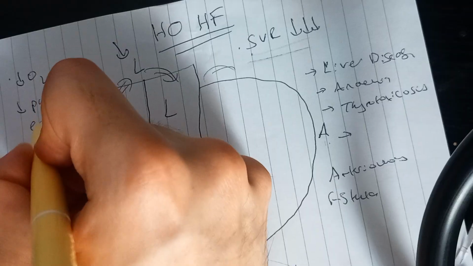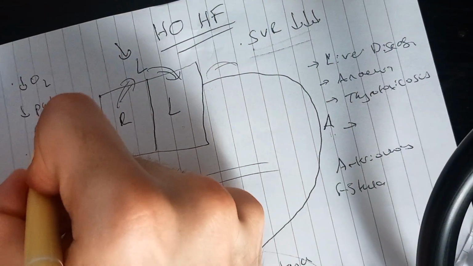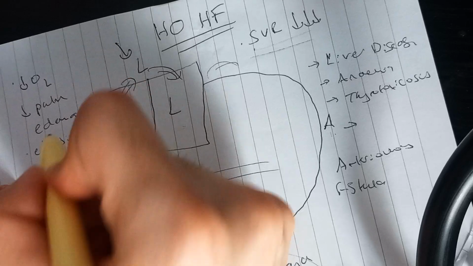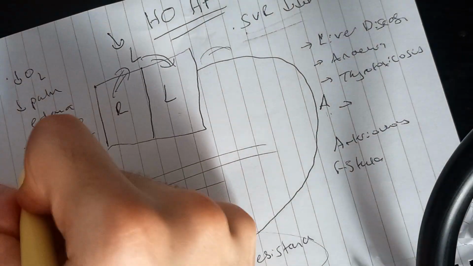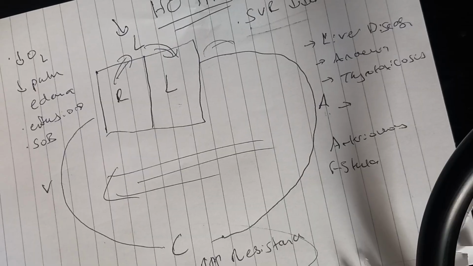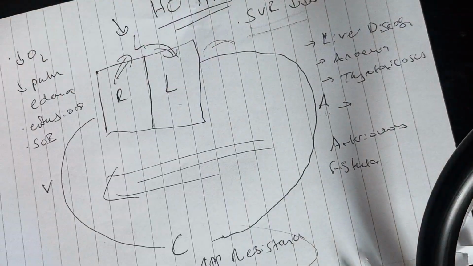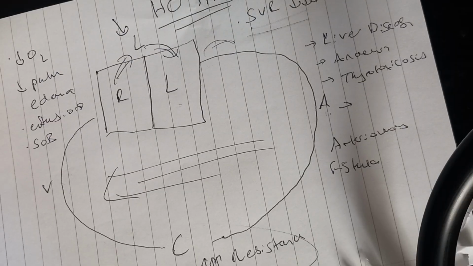You can get effusions, just like you would in any other form of heart failure. You can get shortness of breath and all the classic signs of pulmonary congestion. And that's primarily a problem due to blood returning too quickly to the left side of the heart.